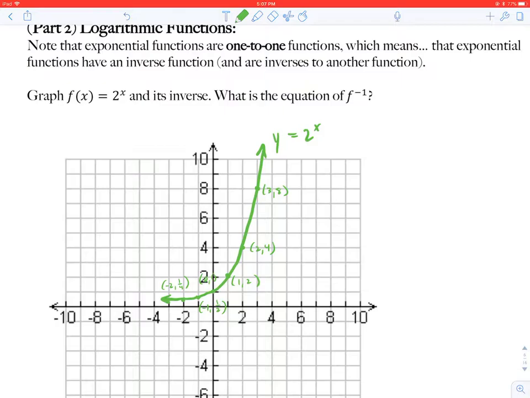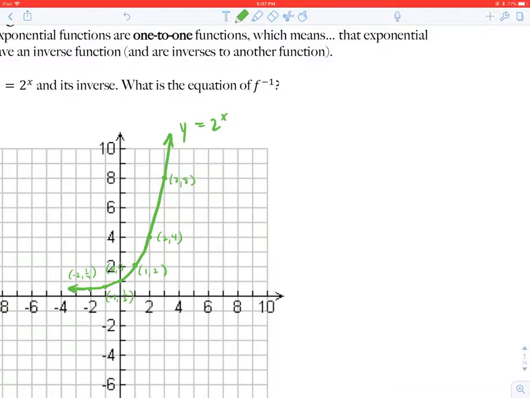Now, if you remember, inverse functions have opposite domain and range, right? So if you have a function that has its own domain and range, then the domain of its inverse function will be the range of that original function, and the range of the inverse function will be the domain of the original function.